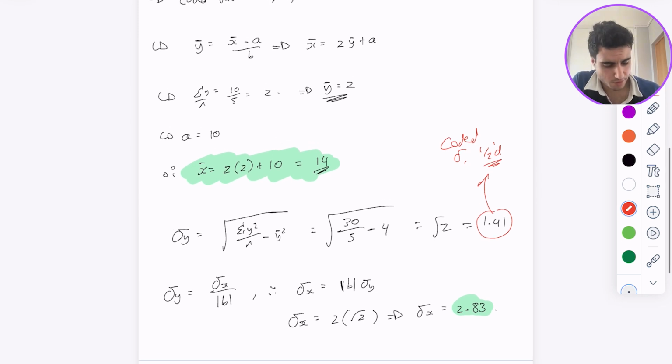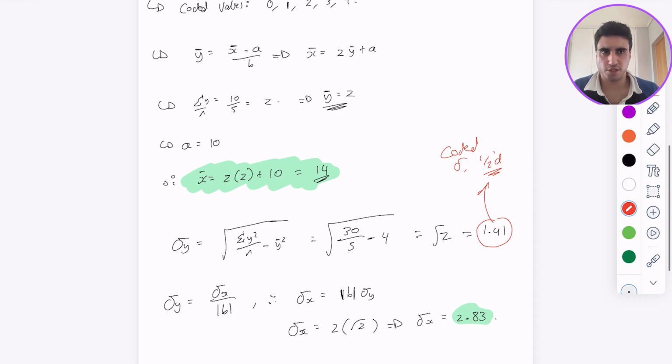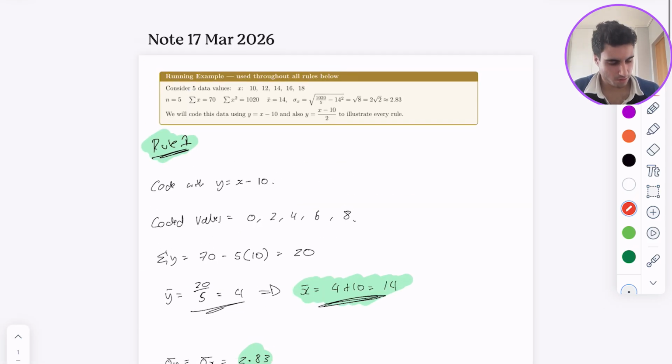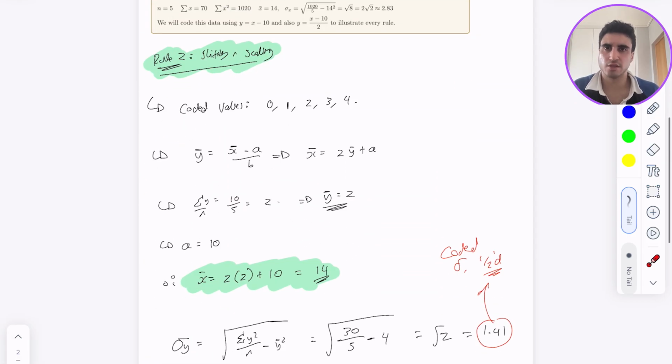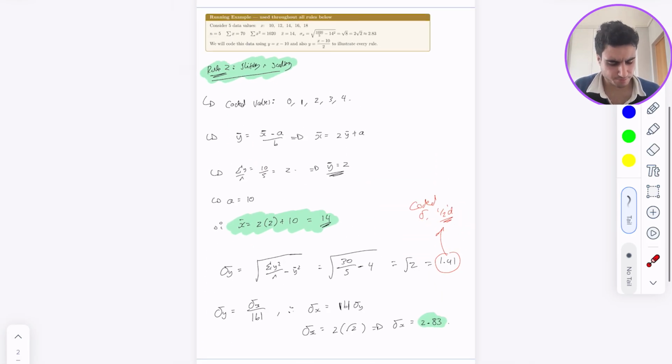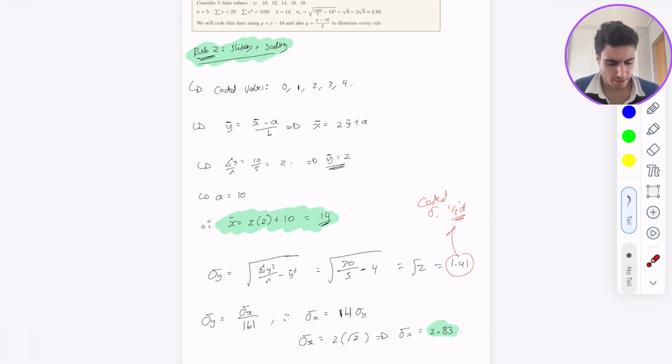So evidently, unlike the example before, scaling makes a difference. And at the same time, we used our values here, with some new formulas, to backtrack and work out what our original values were for the original mean and original standard deviation, given our coded values. So that's quite an important skill to know.